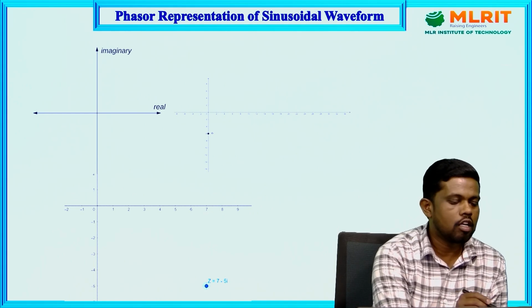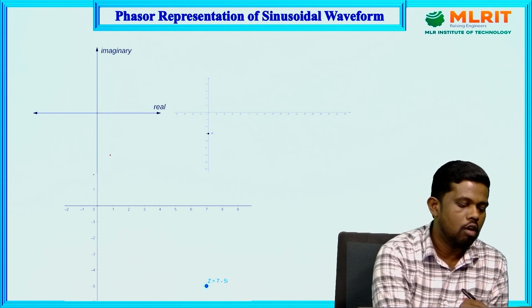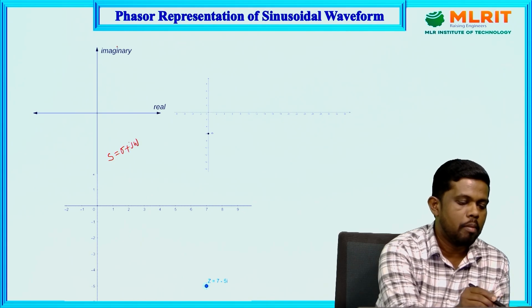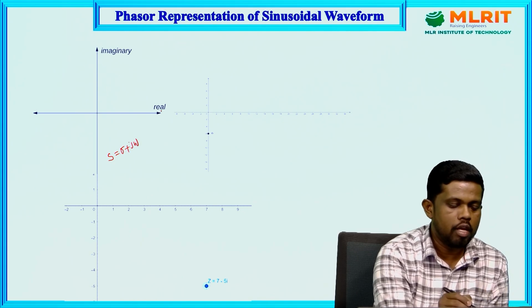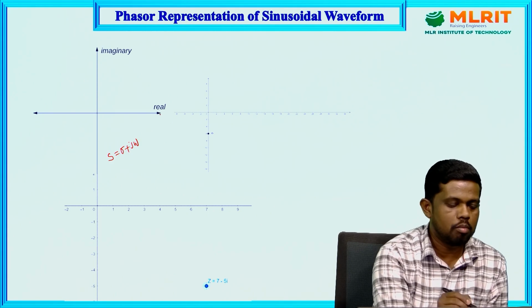Now we need to deal with the phasor representation. So let us take a complex plane. In this complex plane, we say S equals sigma plus j omega. This is called the imaginary axis of the complex plane, and this one is the real axis of the complex plane.